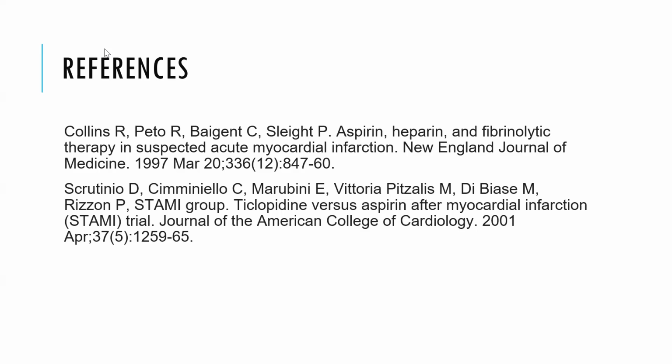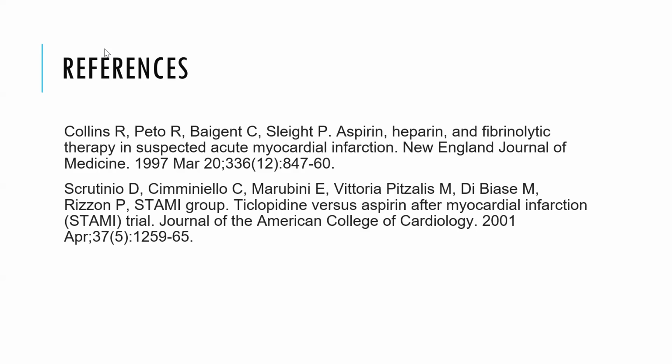It's just to know that clopidogrel and prasugrel, both of them, are prodrugs in their mechanism of action. The factors that can be responsible for suboptimal clopidogrel response include genetic factors, cellular factors, and clinical factors.